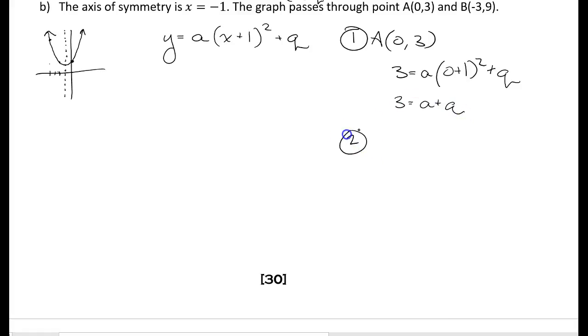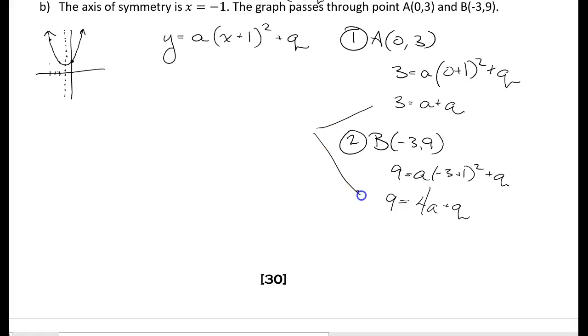My second equation is going to be using B. I'm going to plug that into here. And so I get 9 equals A times negative 3 plus 1 squared plus q. So 9 is equal to negative 3 plus 1 is negative 2, squared is 4, so 4A plus q.